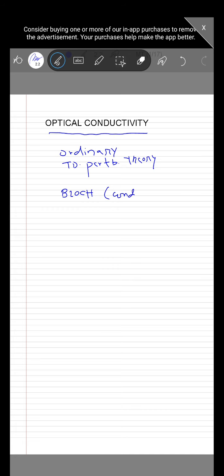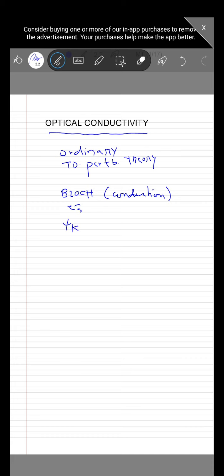Mainly by Bloch we mean conduction electrons, and they are described in the absence of an electric field, of electromagnetic variations, by energy eigenvalue psi k of the wave equation.